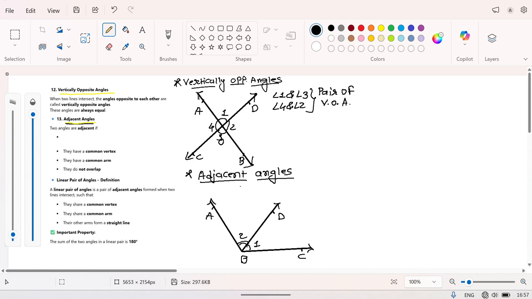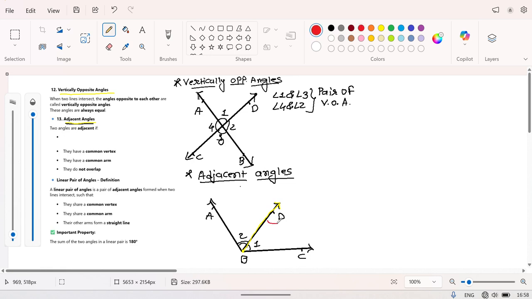These two angles, angle 1 and angle 2, come consecutively. Also, both the angles have a common arm. So those kinds of two angles which come consecutively and both have a common arm and vertex.